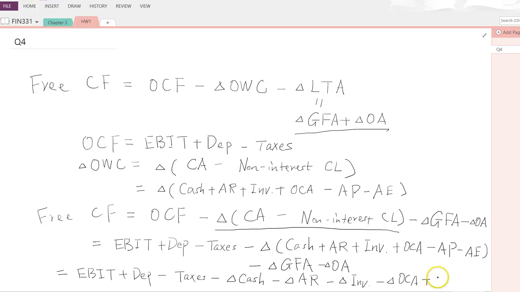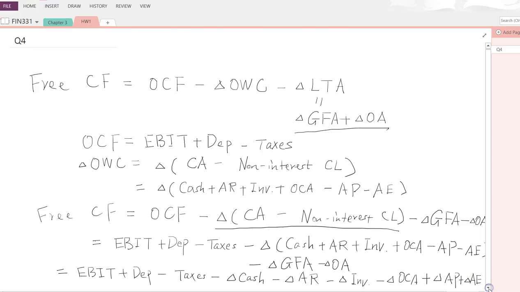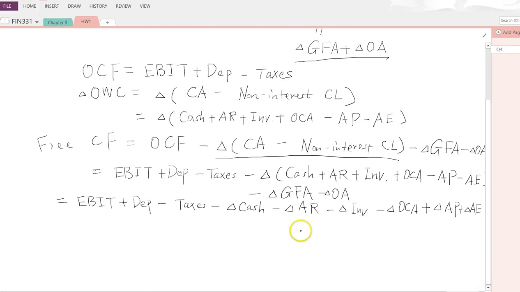Then we need to plus the change of accounts payable. Same is true for accrued expenses. The change on accrued expenses, we have a plus sign there. So finally, we have the change on gross fixed assets. We need to have a negative sign there. And we need to have a negative sign in front of the change on other assets, other long-term assets as well.